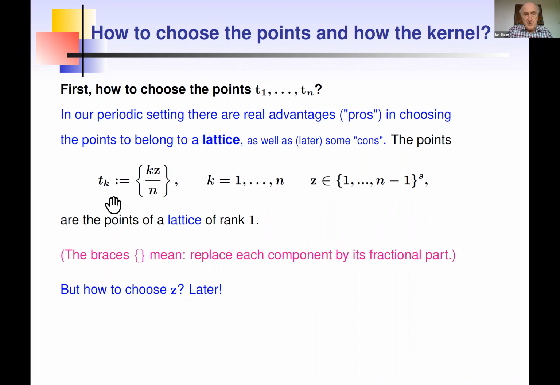So let me just be sure that we are clear that tk, the kth point, for k running from 1 up to n, is a multiple of some integer vector z, an integer vector, divided by n. So there's an n-point lattice, and the braces around the side mean that you replace each component by its fractional part, because all this was invented by number theorists half a century ago.